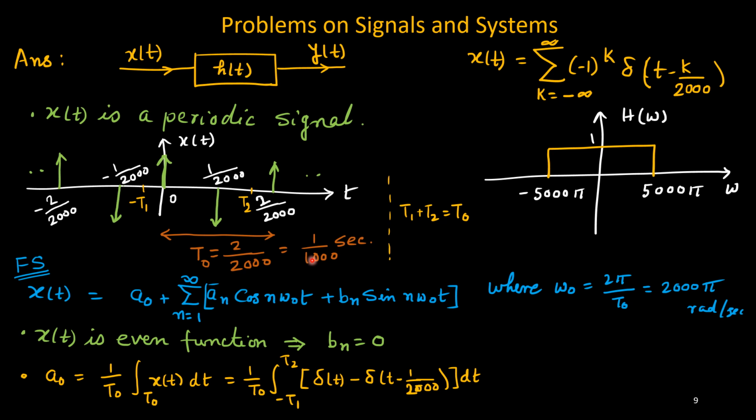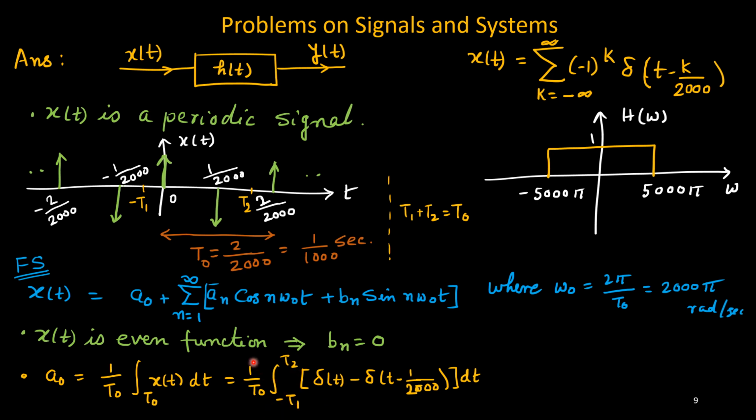To avoid confusion, we'll consider the starting point here, from minus T1 to T2. This gap is again 1 millisecond. This total, T1 plus T2, equals T0. So this is the range I will consider, minus T1 to T2.